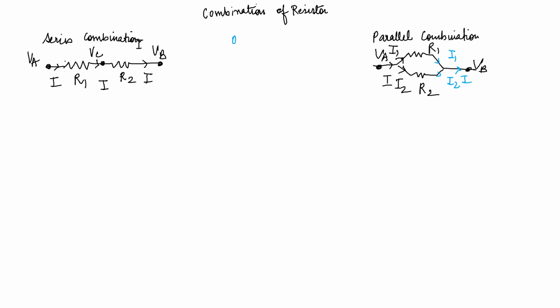From Ohm's law, the basic law, we know that V equals Ri. From here we will derive the series resistance and the parallel resistance. The potential difference across the whole system is V, which equals VA minus VB.